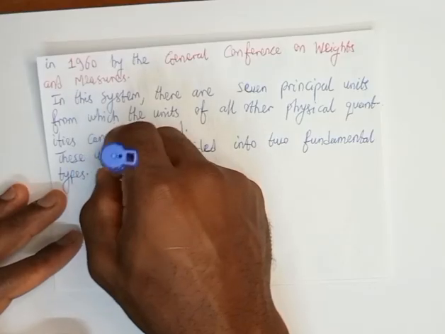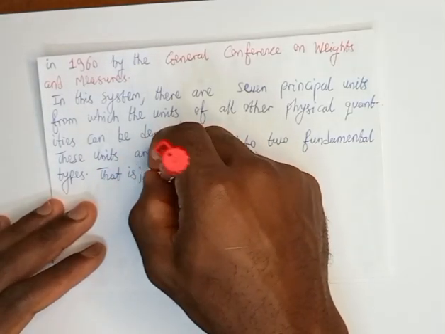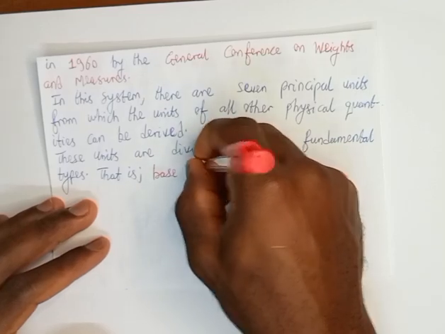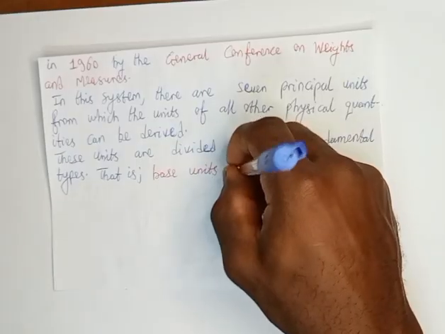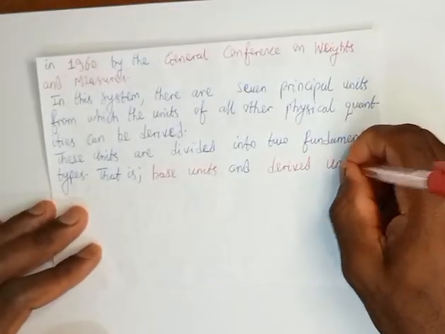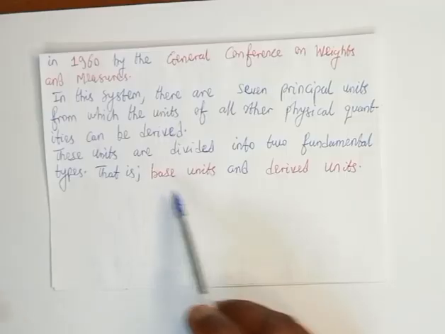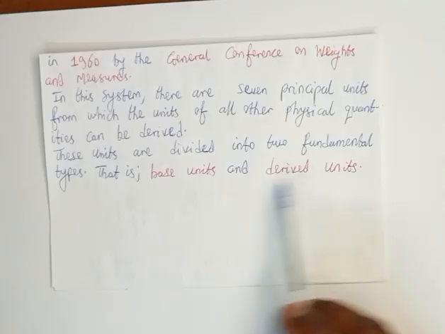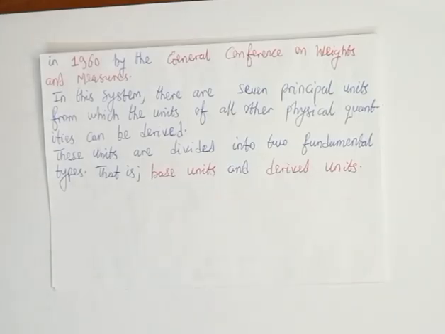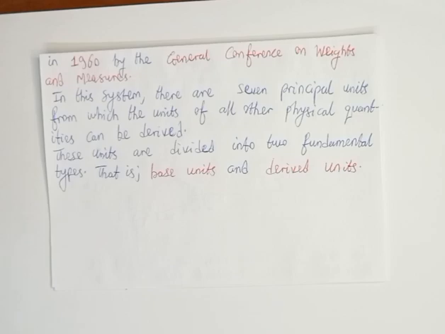We have base units and derived units. Base units are simply those units that are not defined in terms of other units, while the derived units are those units that are defined in terms of base units.